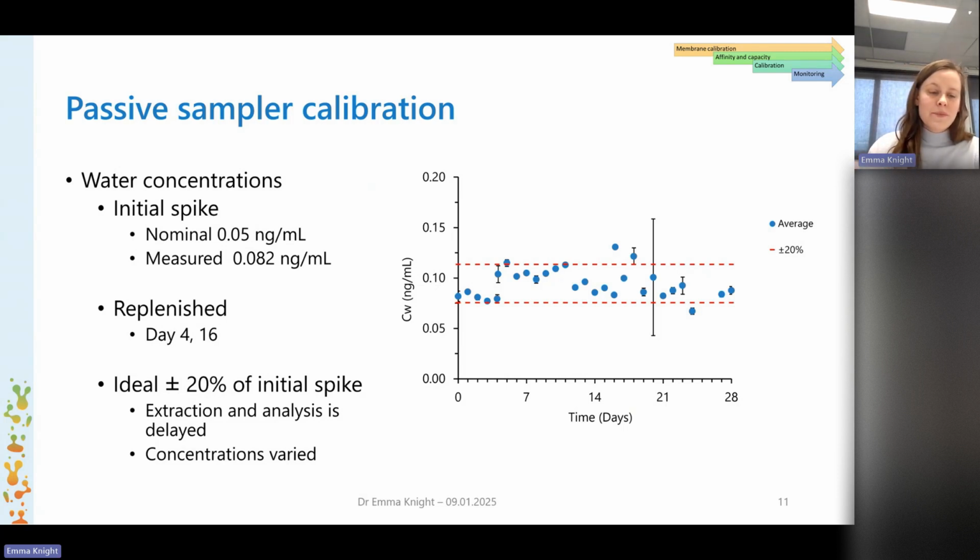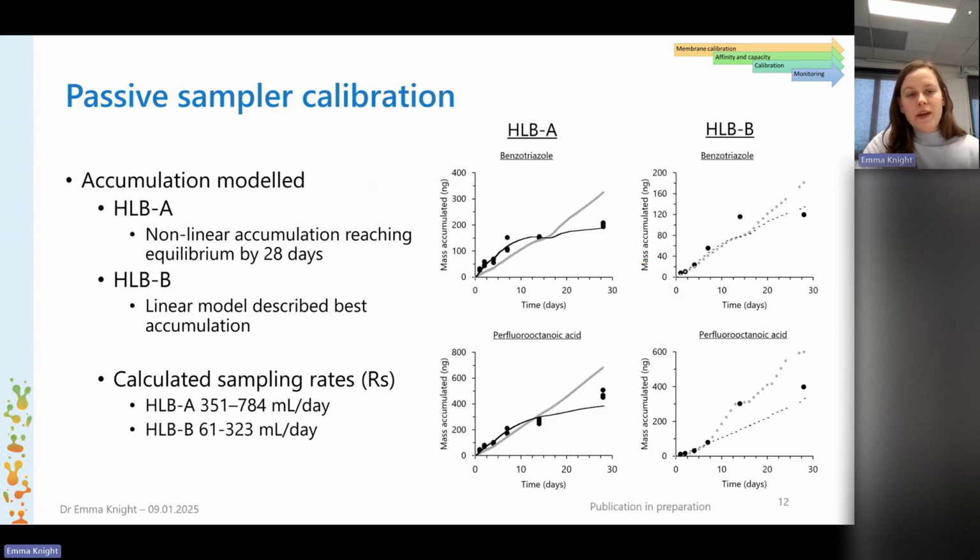That's because when you take a sample, you have to extract it, analyze it, and then process that data, so it takes a while to get it. There's a delay in that process, so the concentrations varied a bit. And then we had to replenish at days 4 and 16 to keep the concentrations roughly within plus or minus 20%. And this is important because when we look at modeling of the results, the models are not straight lines as we might have hoped.